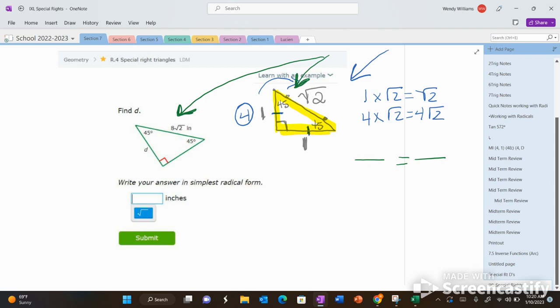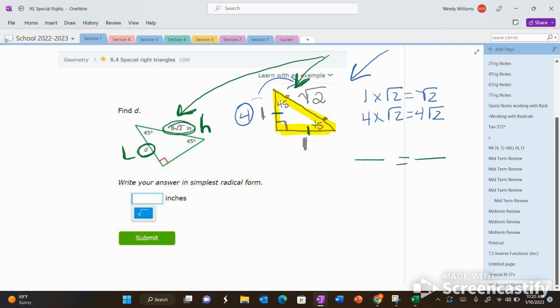Okay, on this one, they're looking for the leg. What are they giving me? They're giving me the hypotenuse. So I said, if you want, you can simply set up a proportion and solve.